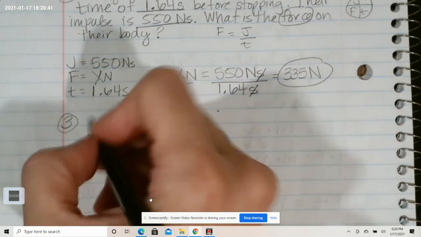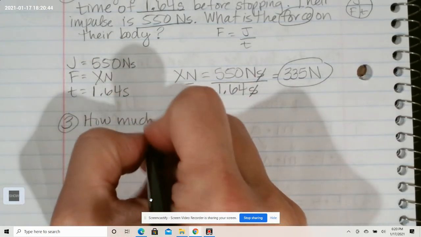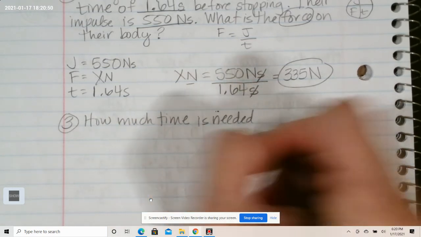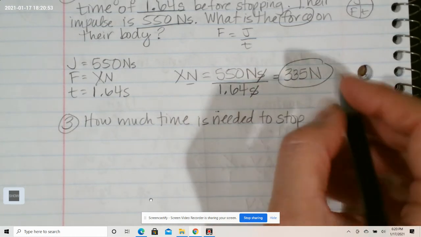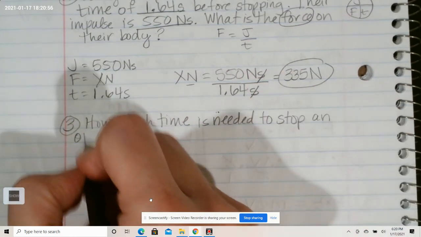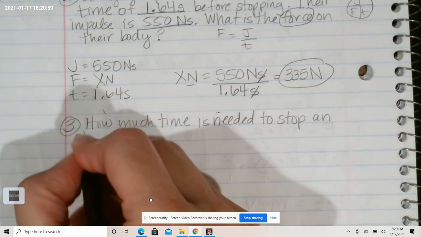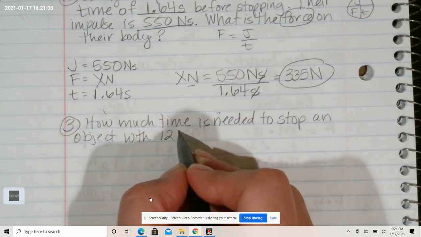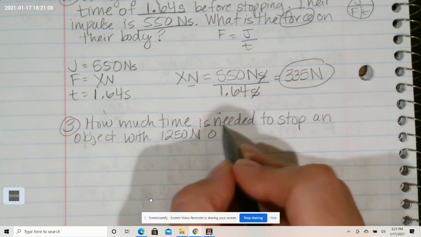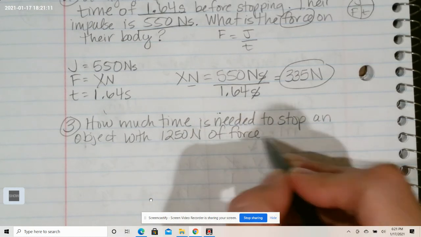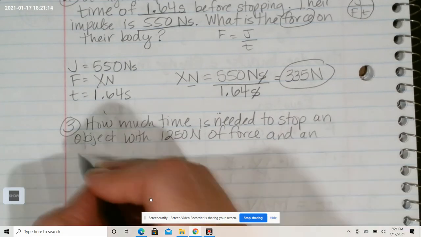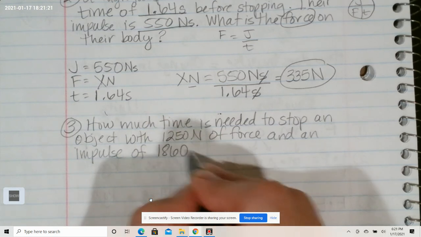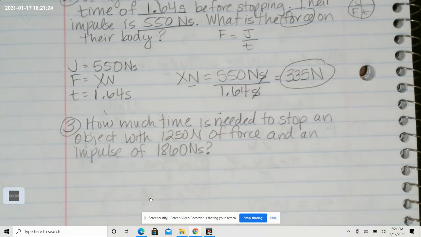How much time is needed to stop an object with 1,250 newtons of force and an impulse of 1,860 newton seconds?